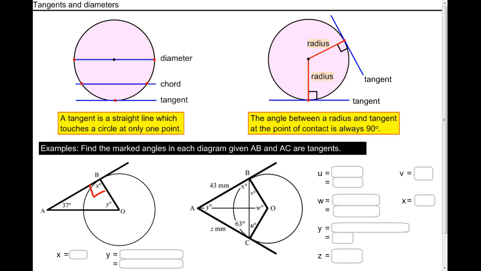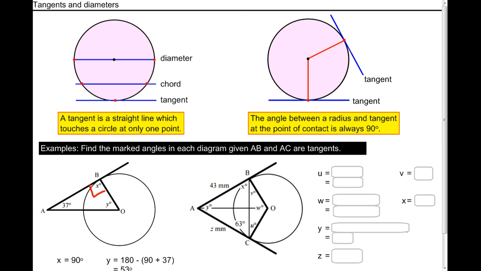So I've marked that on my diagram. So that means the angle X is 90. Three angles in this triangle, so they have to total up to 180. So I can do 180, take away the total of 90 and 37. So that would give me 53 degrees.